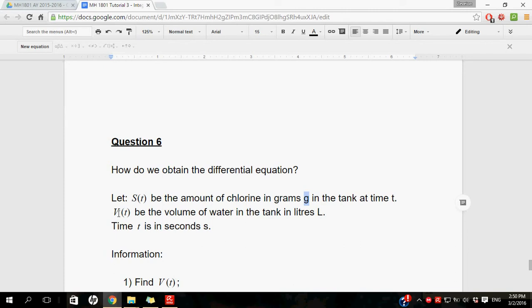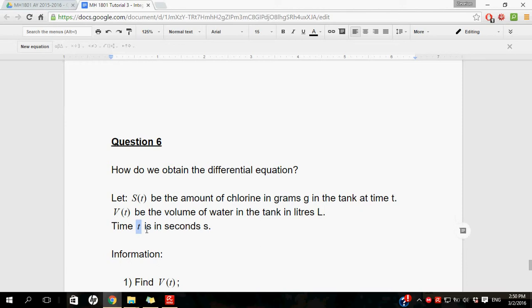After that, we also need the volume of water in the tank. This is also a function of time. We will measure it in liters.